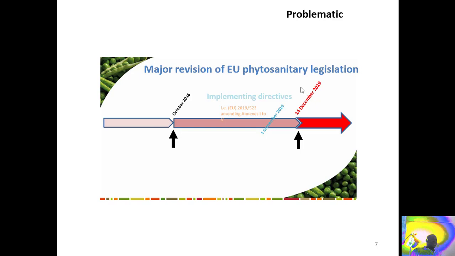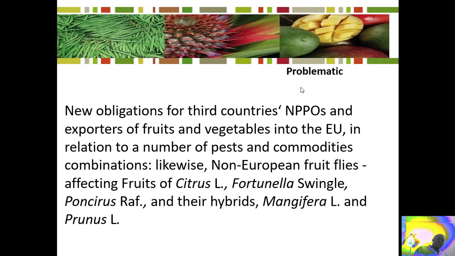Now, the fruit flies are quarantine pests, and the European Union is moving towards protecting its territory. One of the regulations that they have taken, which was also put in full application on December 14th, was regulation EU 2016/2031, that poses some obligations also to third countries, with respect to some pests, but also some crops and their combination.